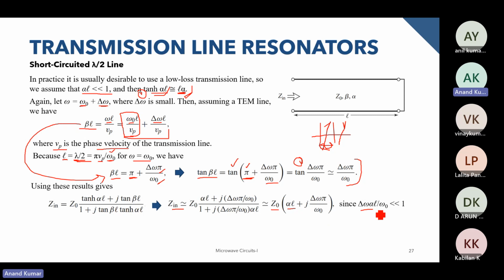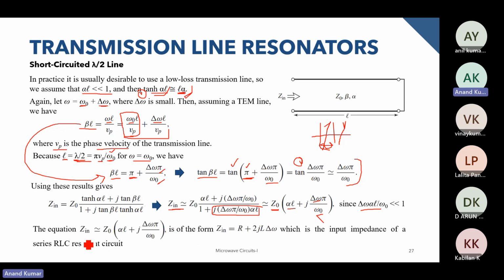The product of these two small terms in the denominator is much, much smaller than 1, so we ignore it, and this becomes very simple. The input impedance is now expressed in terms of the characteristic impedance, the attenuation constant, the length of the transmission line, delta omega, and the resonant frequency.